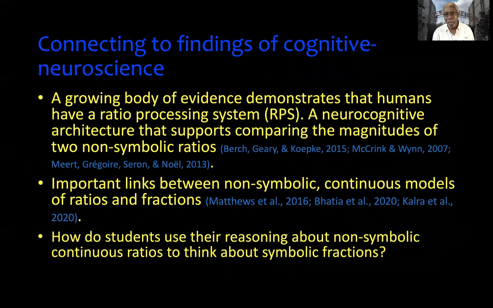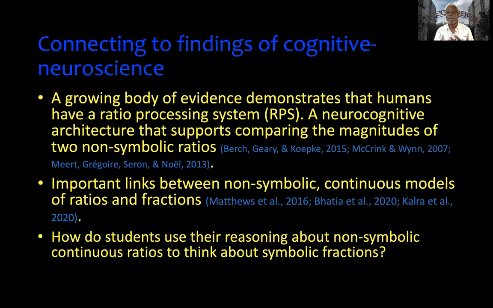But what I want to point out is that there is an interesting connection between cognitive neuroscience and the measuring perspective, because there's a growing body of evidence that demonstrates that humans have a ratio processing system. That is, a neurocognitive architecture that supports comparing magnitudes of two non-symbolic ratios.